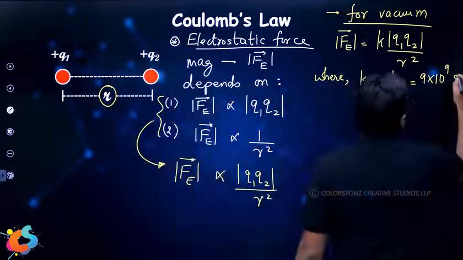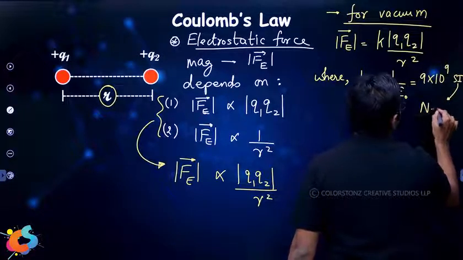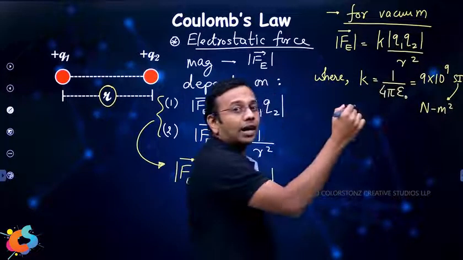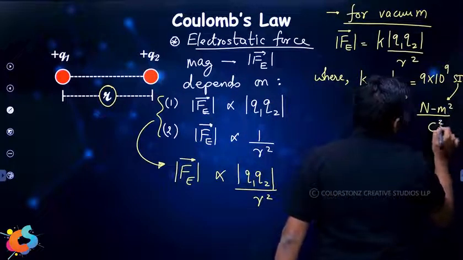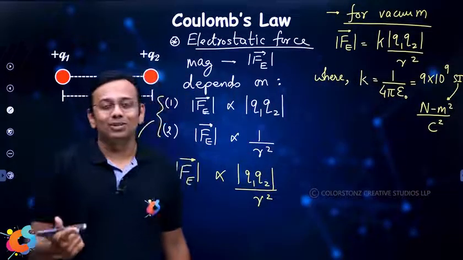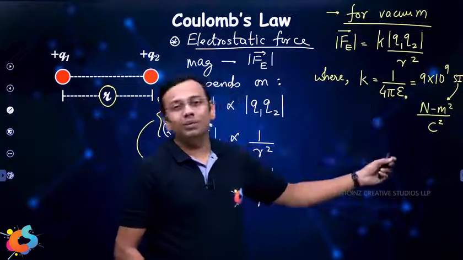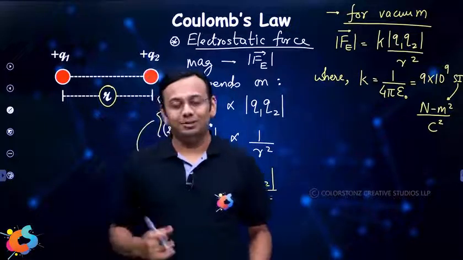So let me write this down. Newton into meter square, and then we have the product of charges which will come in the denominator, so divided by Coulomb square. This is the SI unit: 9 into 10 to the power 9 Newton meter square per Coulomb square. This is the value of this factor K.